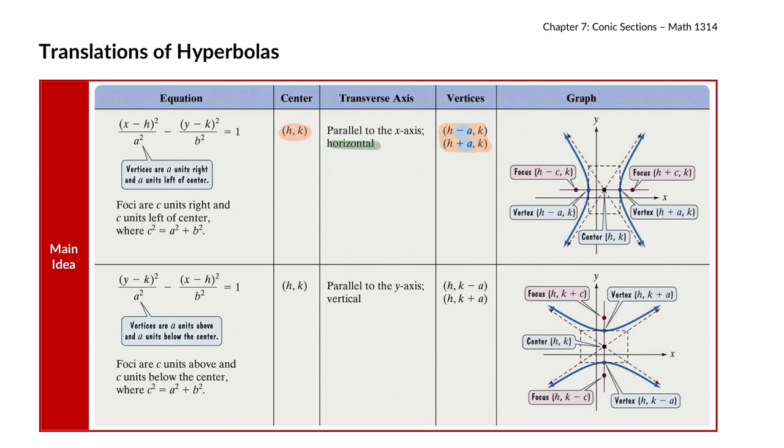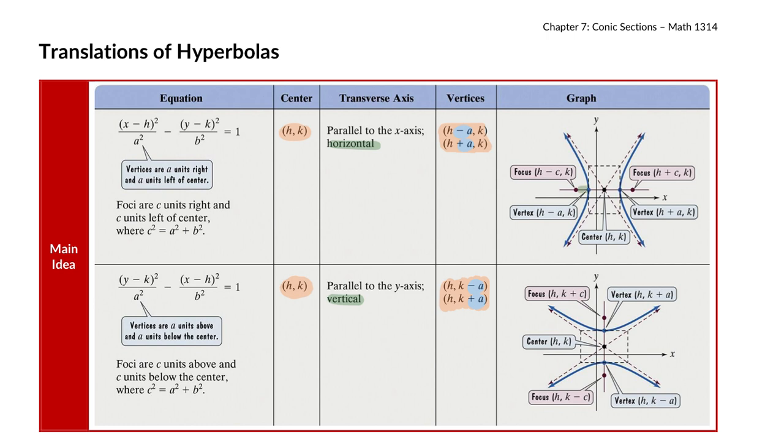So if we're drawing our box, when we graph it ourselves, we just have to count, but plotting the coordinate points themselves is a little crazy. Otherwise, if we have a vertical transverse axis, that means our center is going to be adjusted to find our vertices by adding and subtracting a to the y-coordinate, or to the k coordinate, so that we're moving that point up and down and not side to side along our transverse axis.